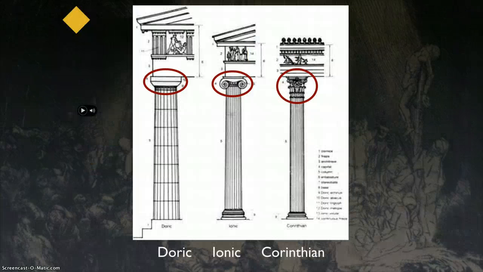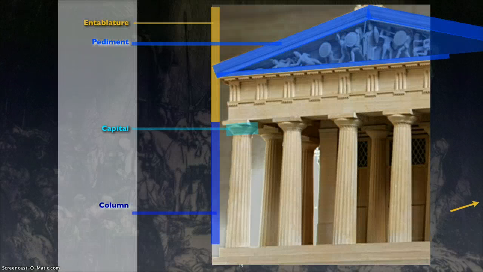Now talking about Greek columns, Greek temples, we won't go in depth into that, but one thing to remember, this might come up on the test, is these parts of a temple.